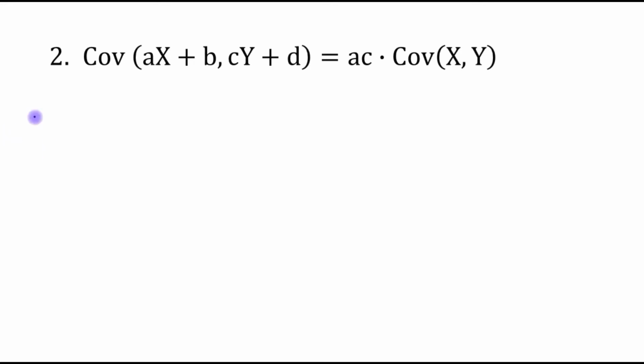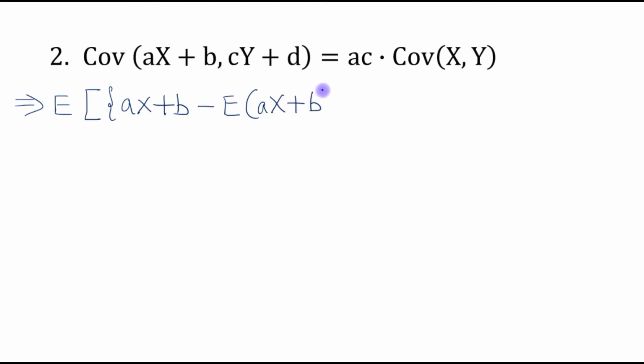We can prove this as we can write the LHS in this form: expected value ax plus b minus expected value of ax plus b, cy plus d minus expected value of cy plus d.